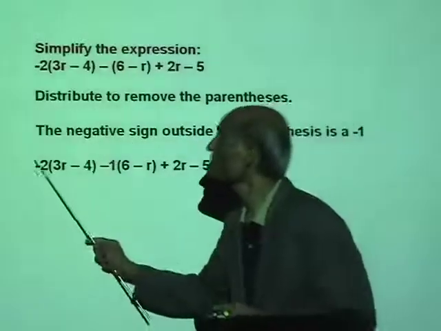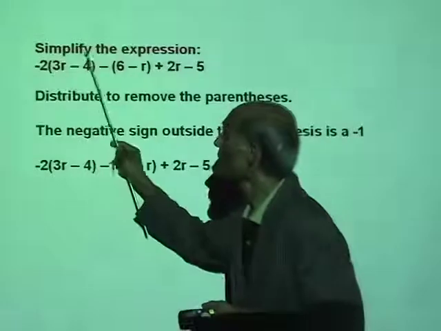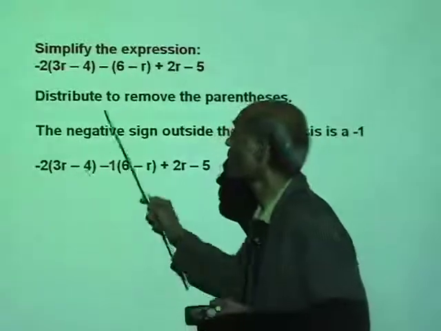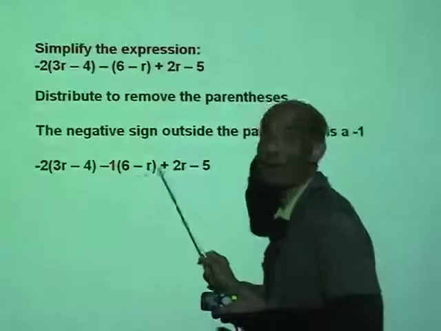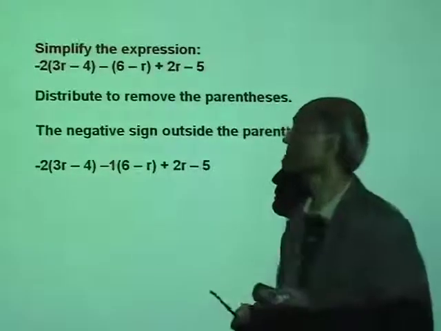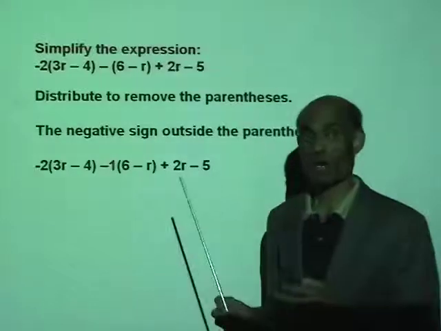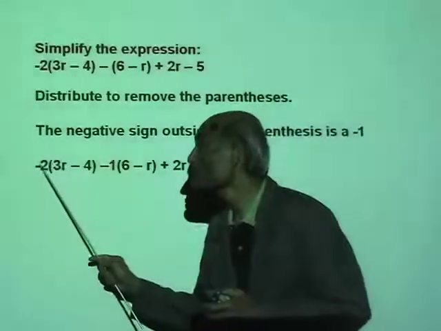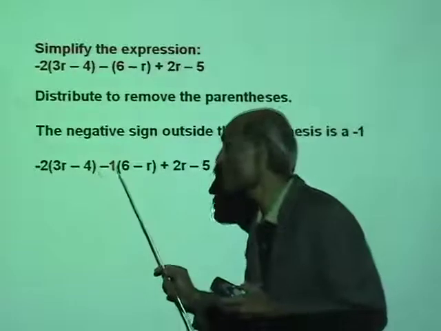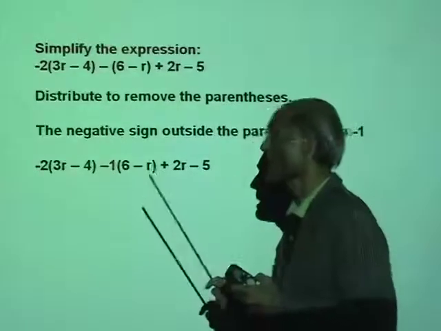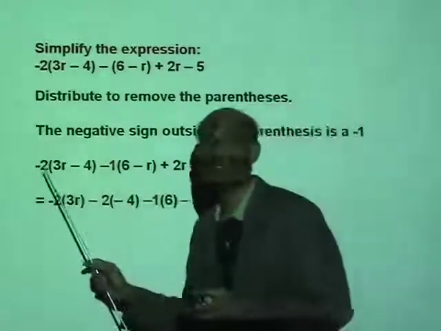So this will be negative 2 times (3r minus 4) minus 1 times (6 minus r) plus 2r minus 5. Okay, we distribute the negative 2 over here and distribute the negative 1 over here. How do we do that? Look at this.